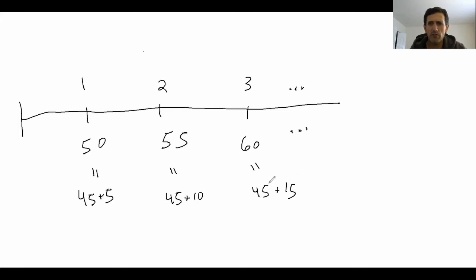And then write the rest of the payments as 45 plus something. Obviously 10 is 2 times 5, and 15 is 3 times 5, and this trick will always work. So now we can write this as the sum of two annuities.